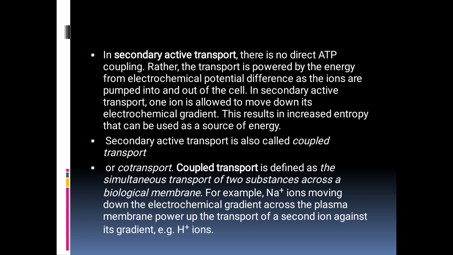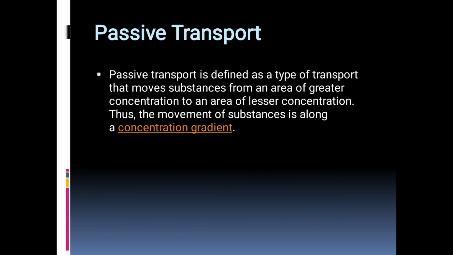When they move down the electrochemical gradient across the plasma membrane, they power the transport of a second ion against its gradient, for example the hydronium ion. When the sodium ion moves down the electrochemical gradient, the energy produced by it helps to transport the hydrogen ion along with it.